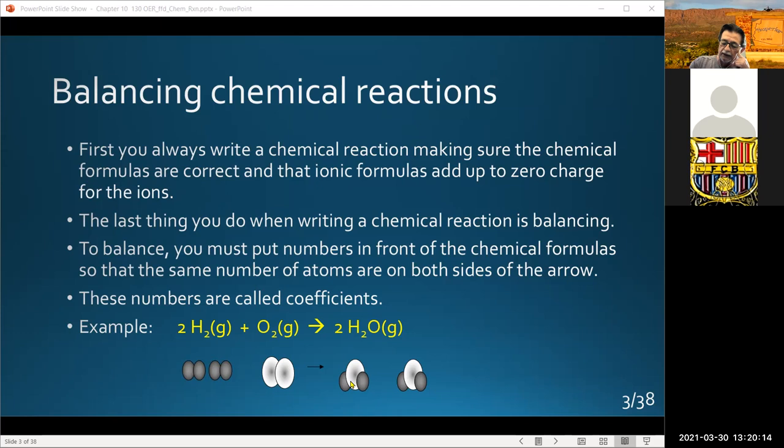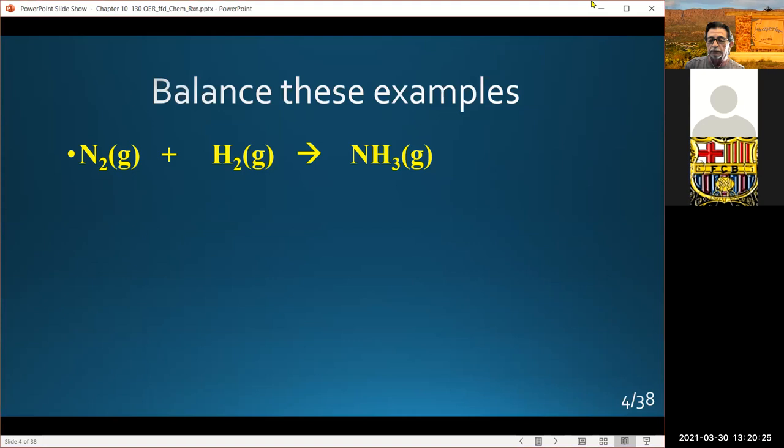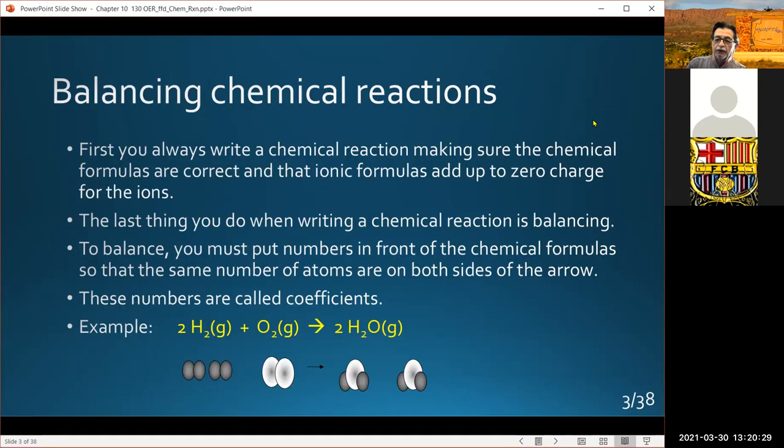So you can see we got a balanced chemical reaction here. Okay. And we use coefficients because obviously we're not going to write the 2 molecules here. So that's why we put the coefficients there up front.